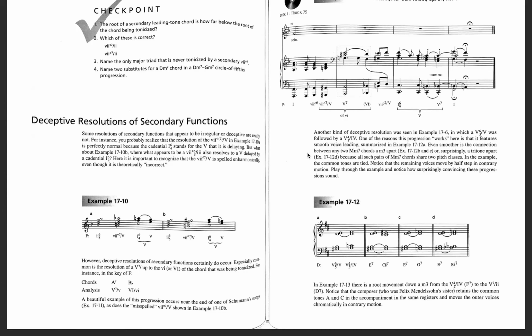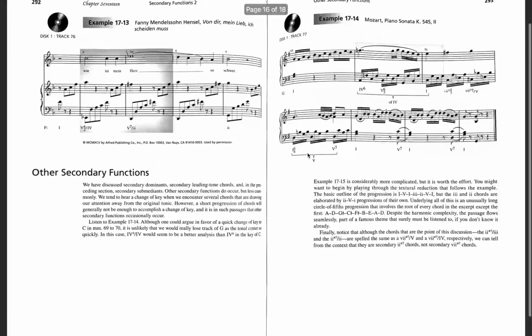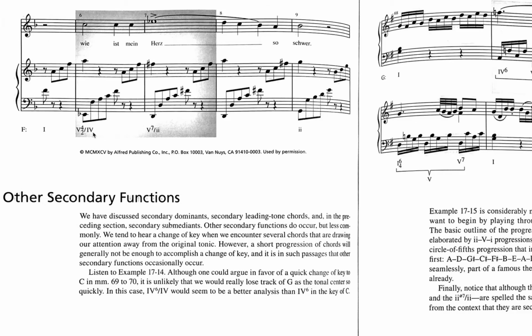Now, Felix Mendelssohn's sister, Fanny Mendelssohn, did just that over here. We're in F major, and she went from a 5 of 4, which is an F7, to a 5 of 2.